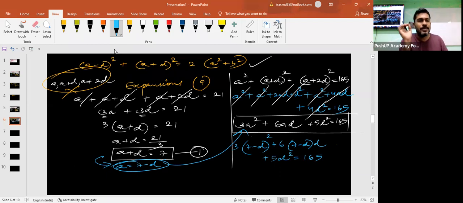So you will get a quadratic equation in terms of D. And once you solve that quadratic equation in terms of D, you may end up getting the answer. You all want me to try? Let's give it a try, children. Then we will decide which pattern was convenient for you all.